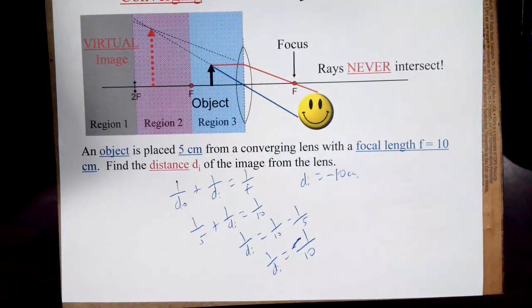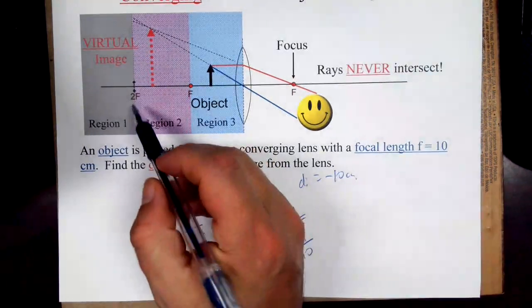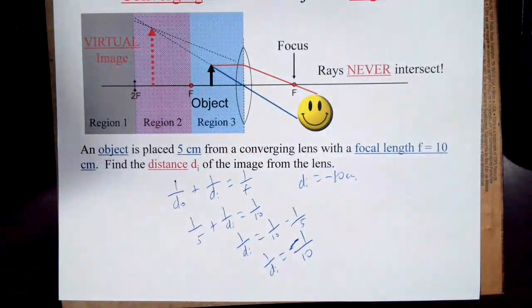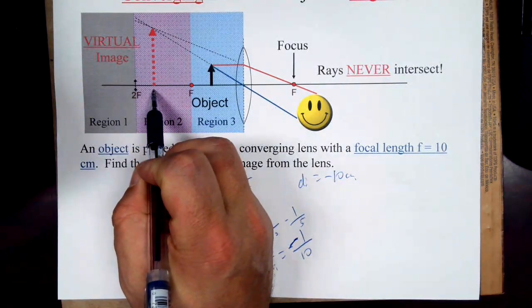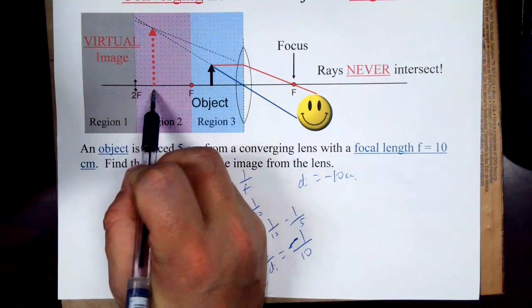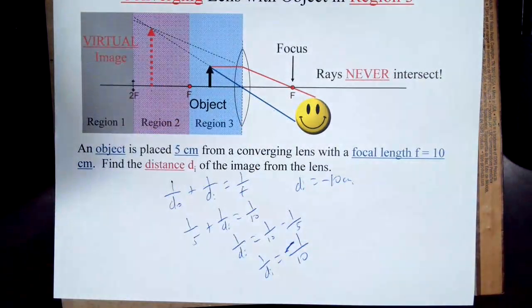So it should form roughly, actually at the center point here. So that means that because the image is negative, it's going to form on the same side of the lens as the object. So it's going to form to the left. And it also means that the image is virtual. So there's no spot where the rays actually cross. It just looks like they do cross.